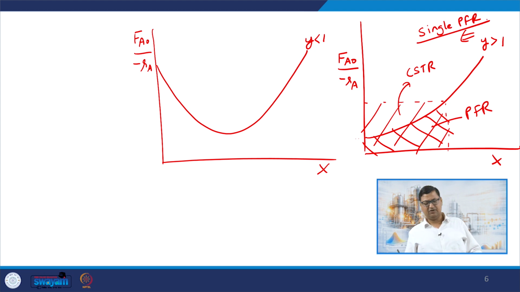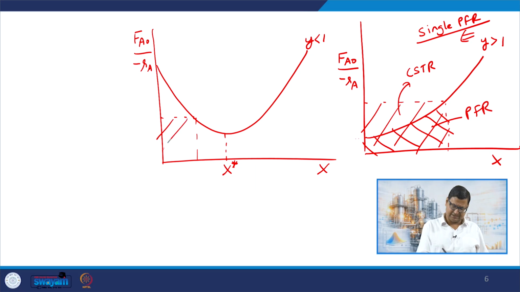On the other hand, when y is less than 1, then there are essentially two cases. The first case is when the conversion value is before this minima. If the conversion is before this minima, then no matter what conversion we have, always the area under the curve is bigger than the area we get for a CSTR.